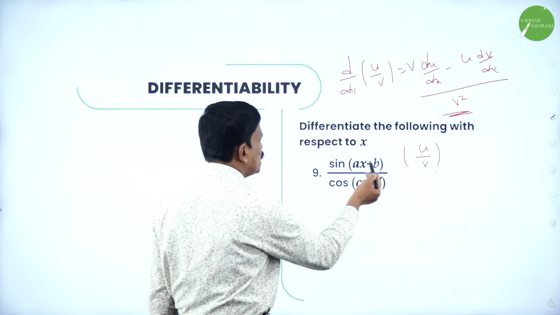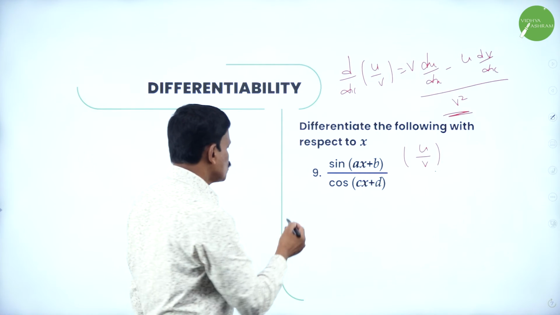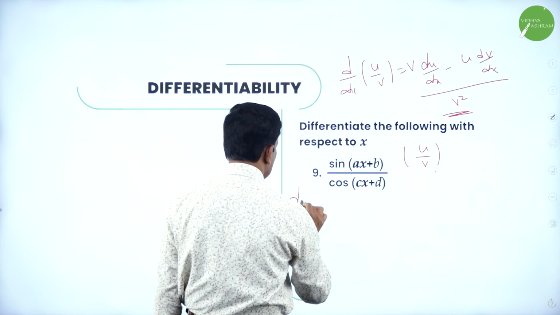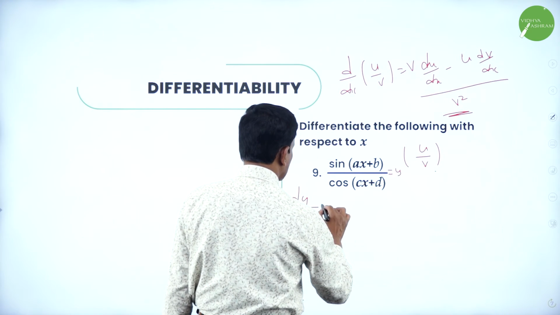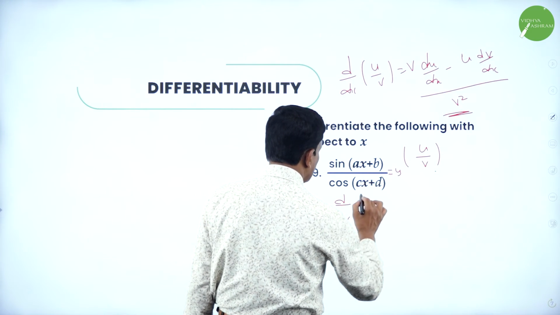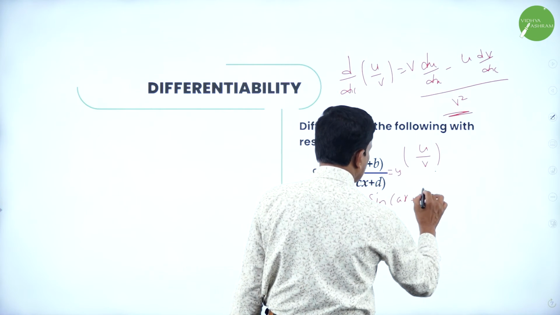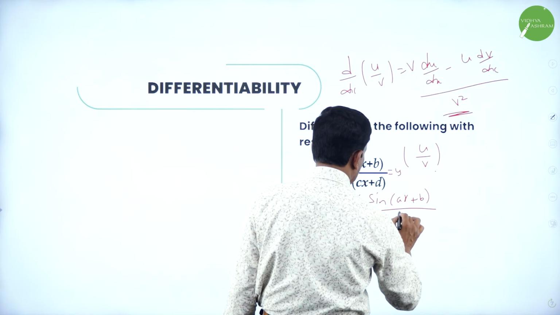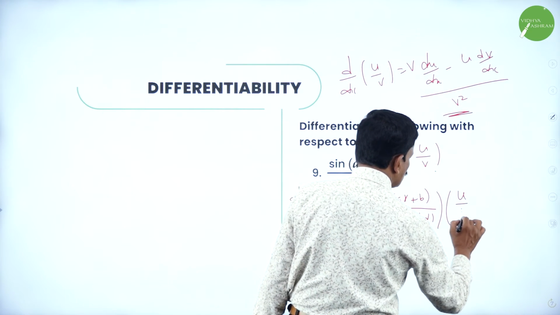So what is u? Sin of ax plus b. What is v? Cos of cx plus d. If you differentiate this, let us call this y, dy by dx is equal to d by dx of sin of ax plus b divided by cos of cx plus d. Let us represent this as u by v.